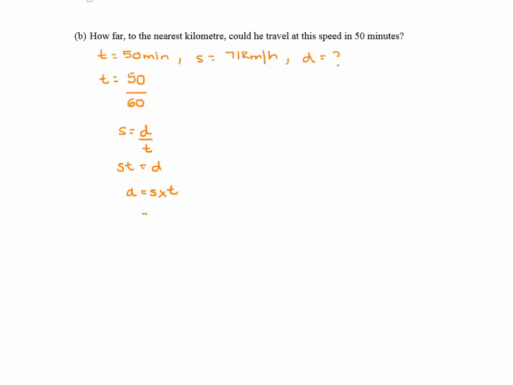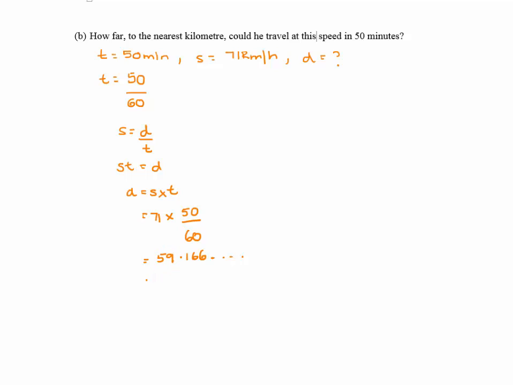So now I can place in the values I have. Speed is 71. Time is 50 out of 60. And I can put this into my calculator. And my calculator gives me the answer of 59.166, etc. Let's have a look at what we need to do. How far to the nearest kilometre?